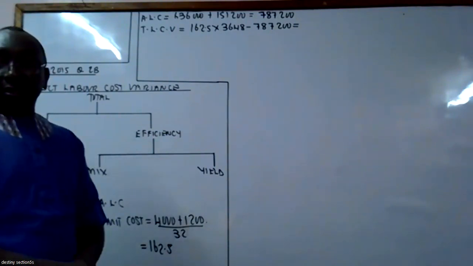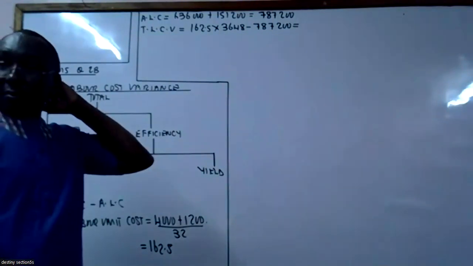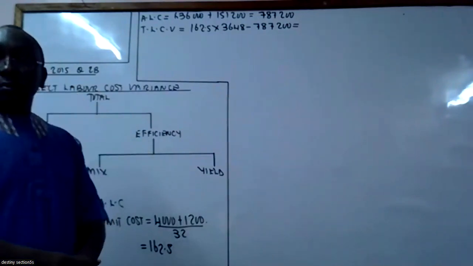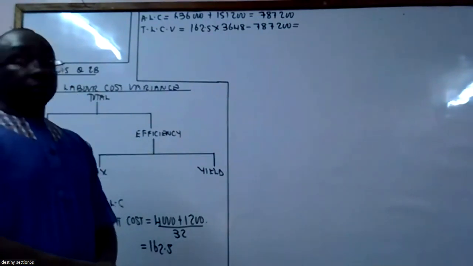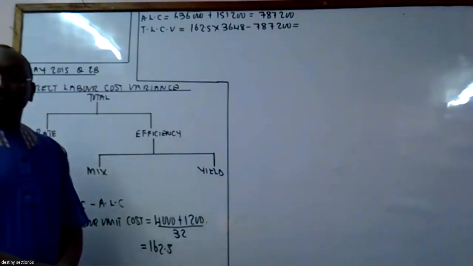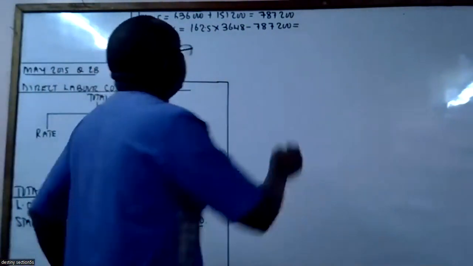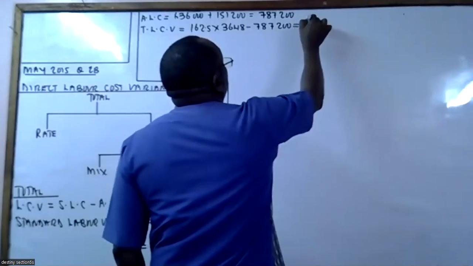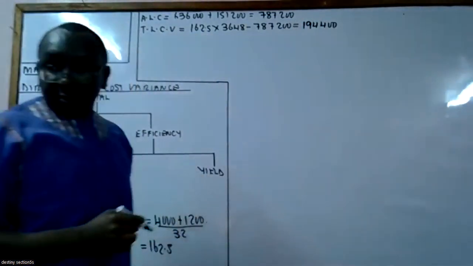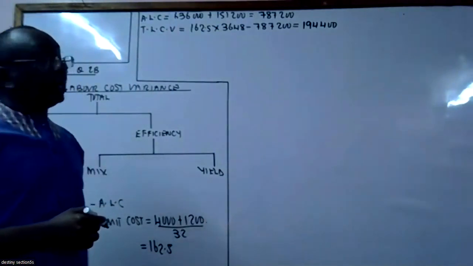Give me that. 194,400. Is it favorable or adverse? Positive or negative?